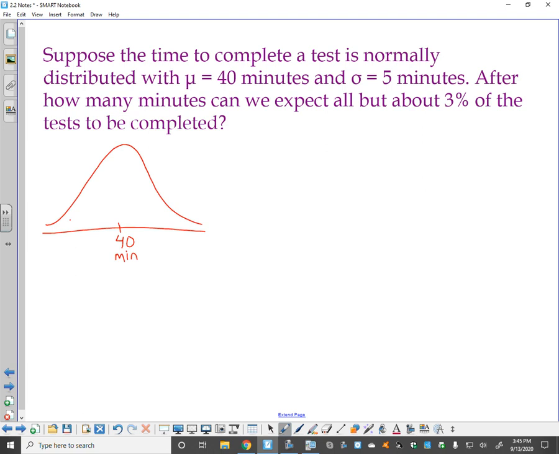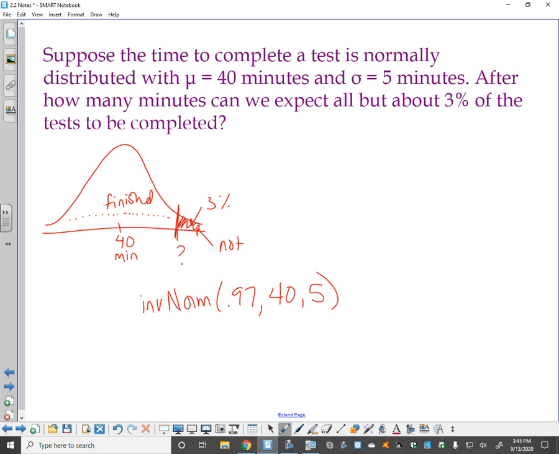So all these people are finishing, and I want to know how many minutes it takes to have all but 3% be finished. This is finished. This is not finished. So I want to inverse norm 0.97, 40, comma 5.